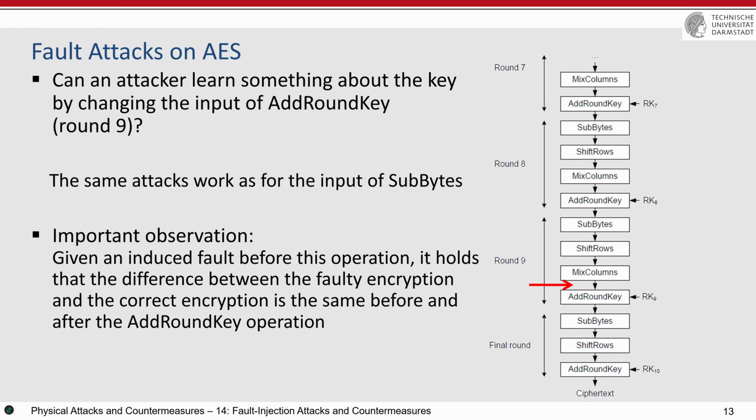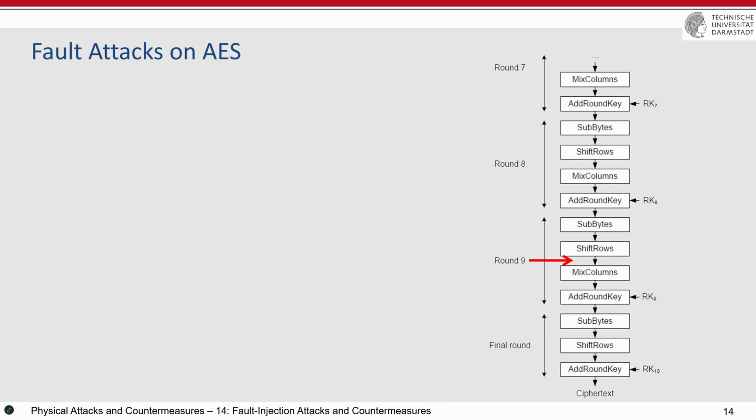One important observation is that given an induced fault before this operation, the difference between the faulty encryption and the correct encryption is the same before and after the add round key operation, because this is a linear operation. When you model the fault by delta at the input of the add round key, it will be the same. We can imagine the fault is actually injected at the input of the S-box with the same delta. We will use this later, we will see.